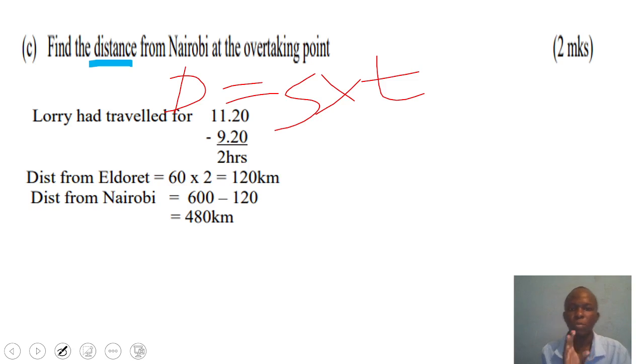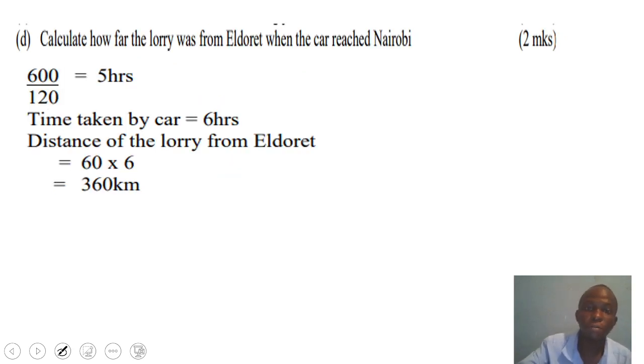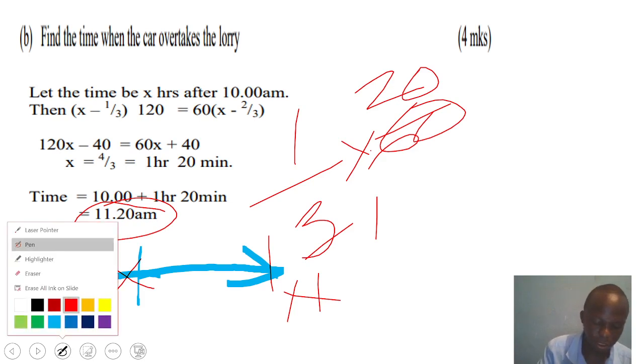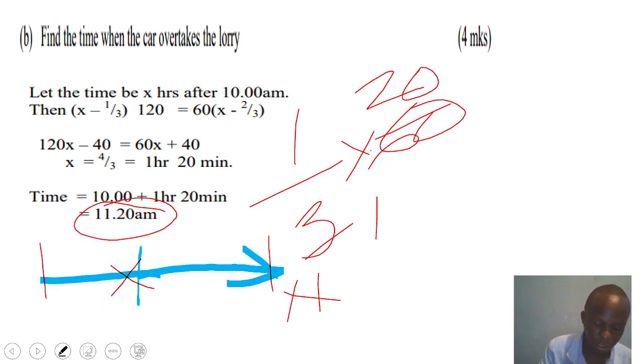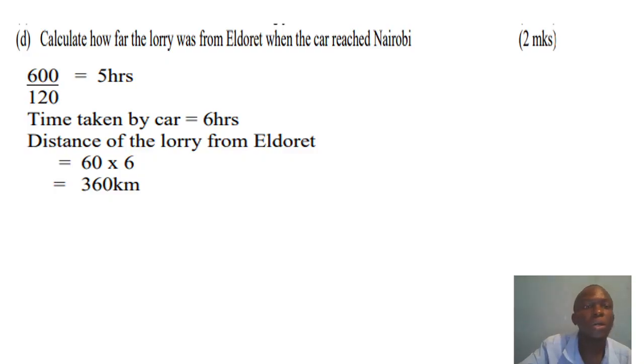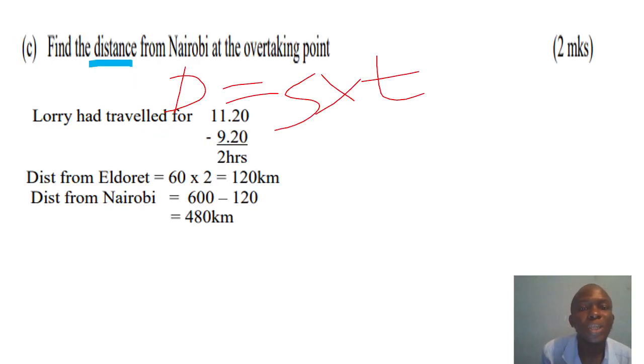Now, the distance from Eldoret to the meeting point is 120 kilometers.